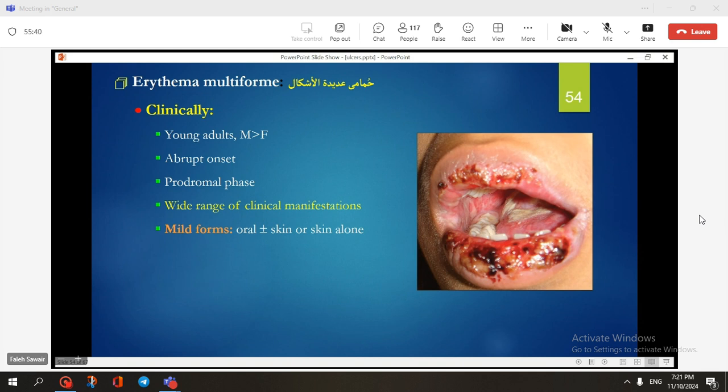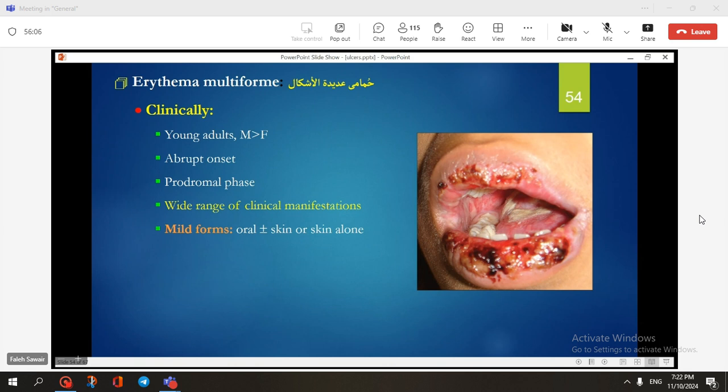Erythema multiforme is another vesiculobullous disorder, but here the pathogenesis is slightly different. They are saying that it is like a reaction to certain antigens causing antibody complexes that are deposited in the blood vessels and causing ulceration.